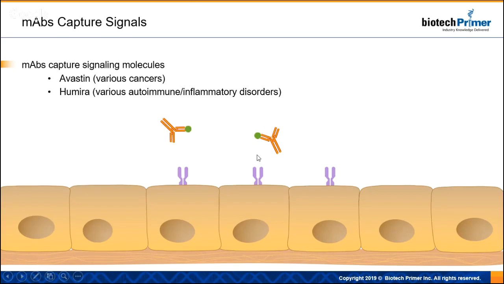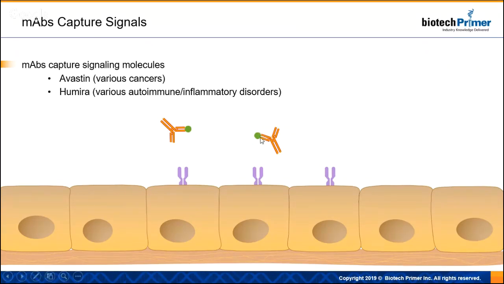Humira works. Again, it's approved for a range of different autoimmune and inflammatory disorders. If you'll recall, in the immunology section, we said that a lot of these disorders are caused because the patient is producing an overabundance of inflammatory cytokines. One of the main inflammatory cytokines that drives these disorders is TNF alpha, and that is what Humira blocks.